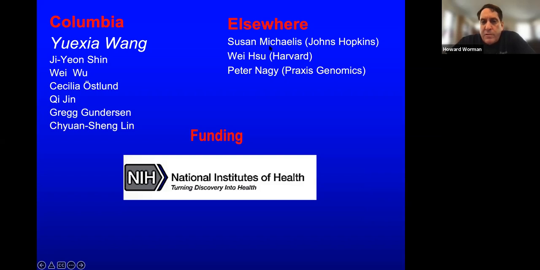This work was also done in collaboration with Susan Michaelis at Johns Hopkins, an expert on pre-Lamin A processing. Wei Su at Harvard is an expert on bone and bone development, who helped us with some of the characterization of these mice. And Peter Nagy is a friend who used to be at Columbia, now at Praxis Genomics, who interpreted the genomic analysis of the patient and will help us with some other work going forward.